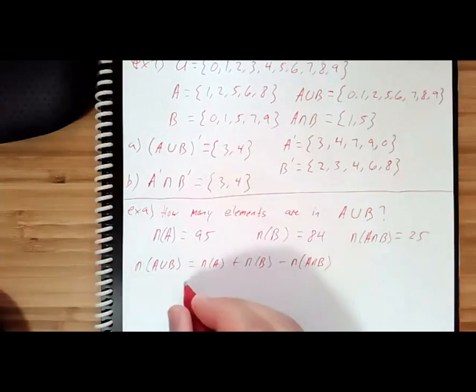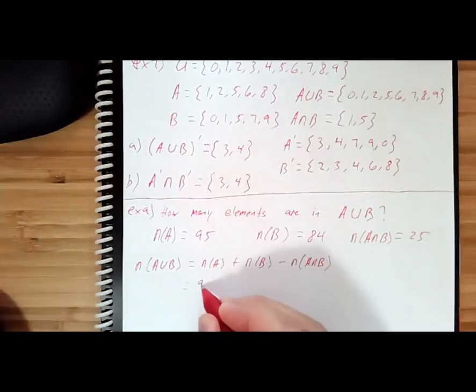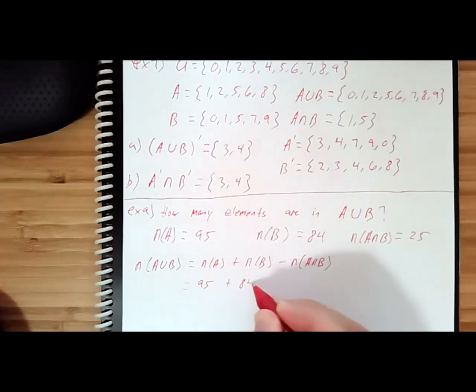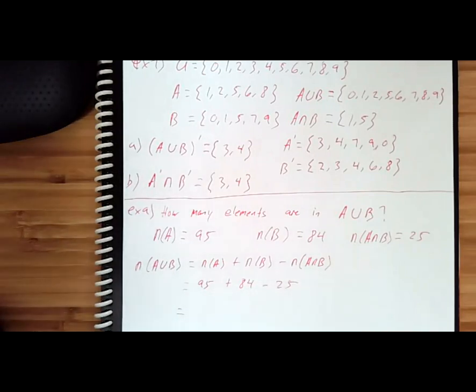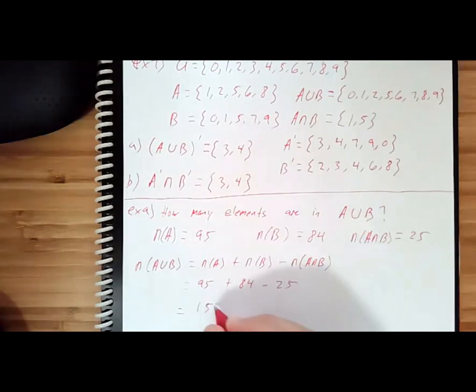So just plug in the numbers. 95 plus 84 minus 25. That will be something, I don't know what that is. I got 153. 154.